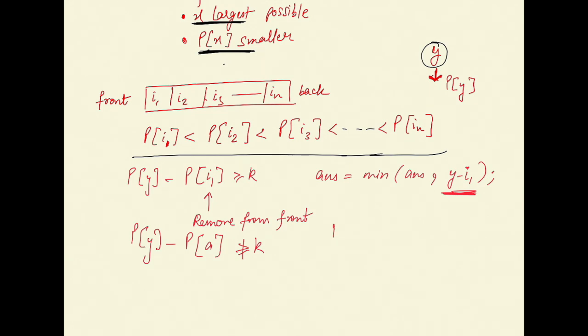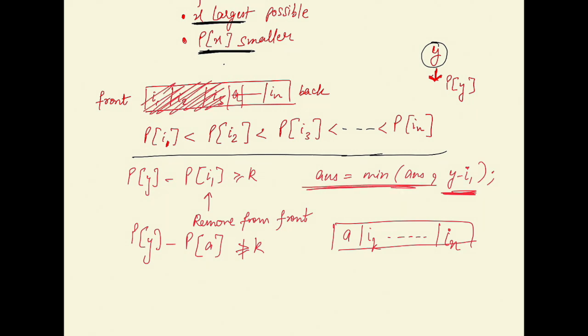So our new queue will start from a, and then the next indices up to i of n, and we'll remove all these values which are before a. Let's say a is here, we'll remove all these values and update our answer accordingly, because they are no longer needed. So this is the first step.